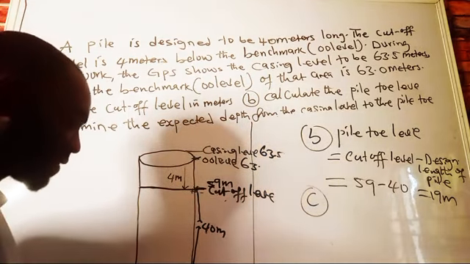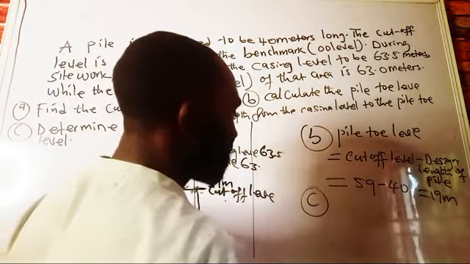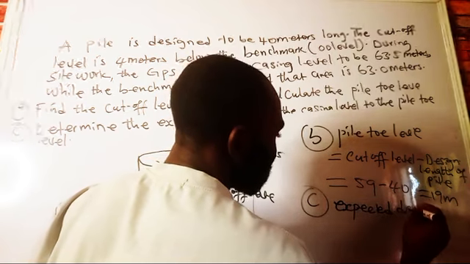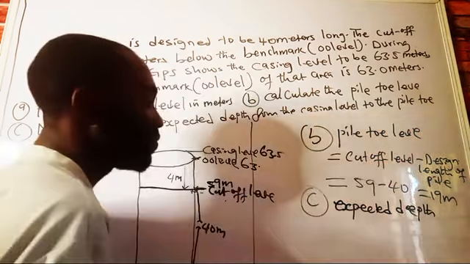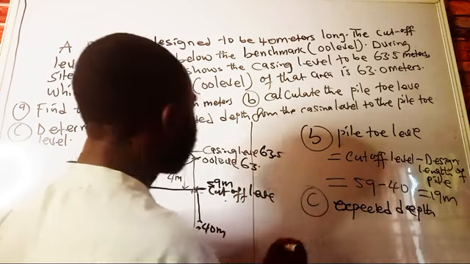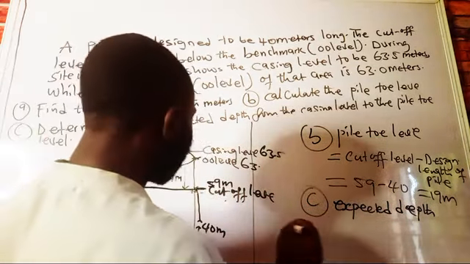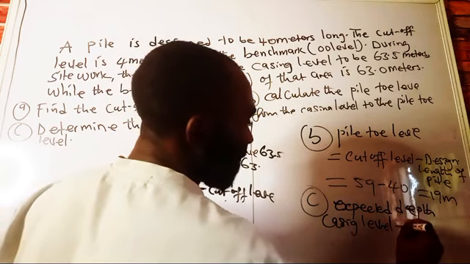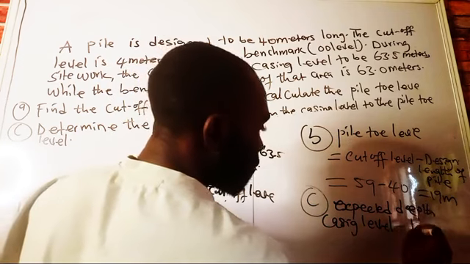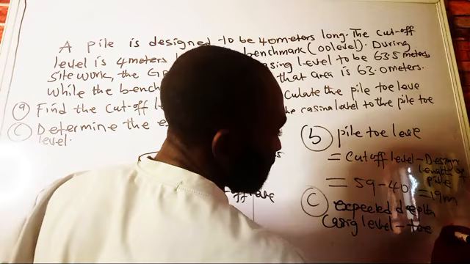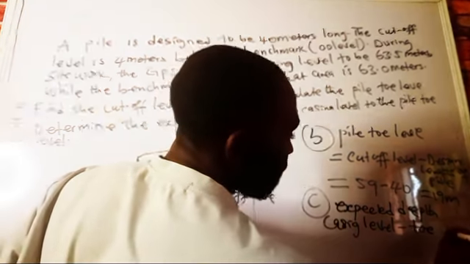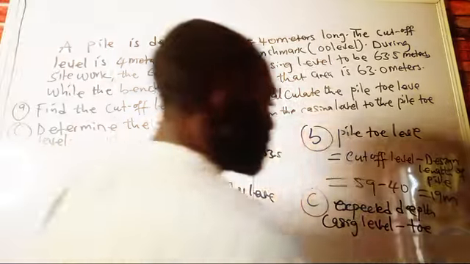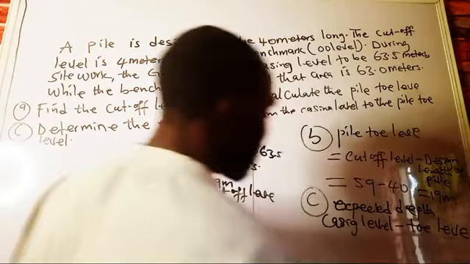The expected depth, that is how far you are going to drill, is calculated as the casing level minus the toe level.